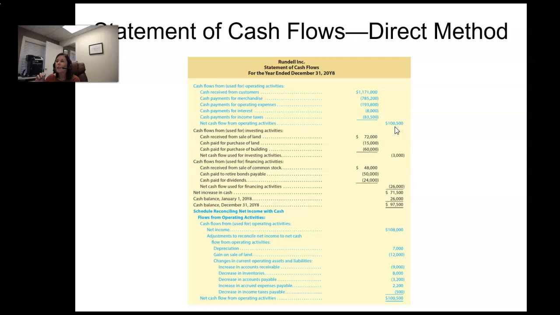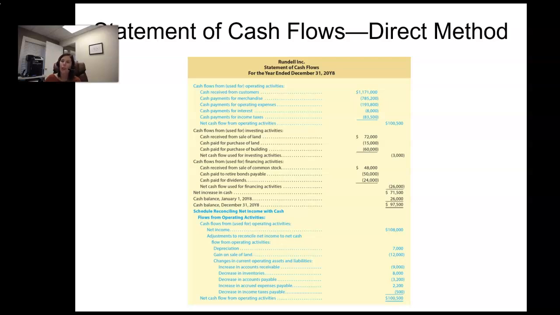So regardless of the method we use, we still arrive at the same number in terms of cash flow from operating activities. And then we can continue to go down and do the same sort of reconciliation by adding or subtracting the investing and financing.